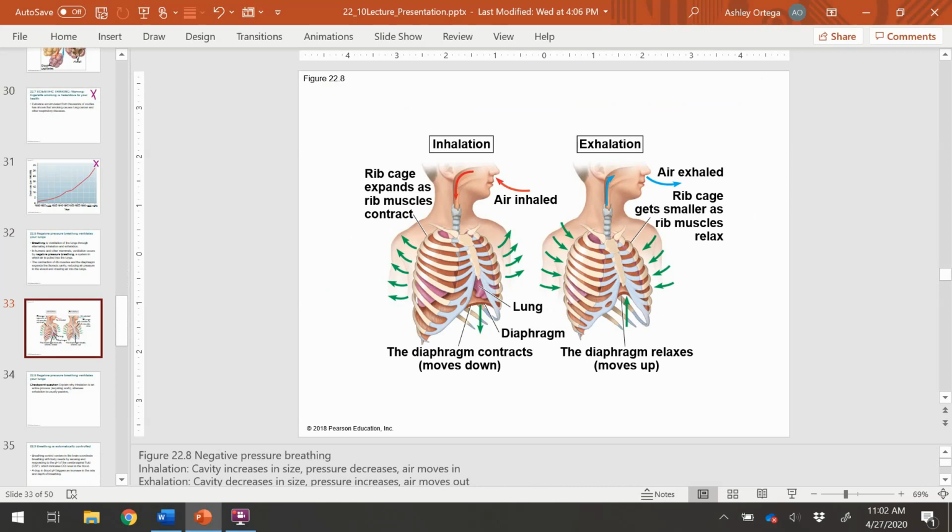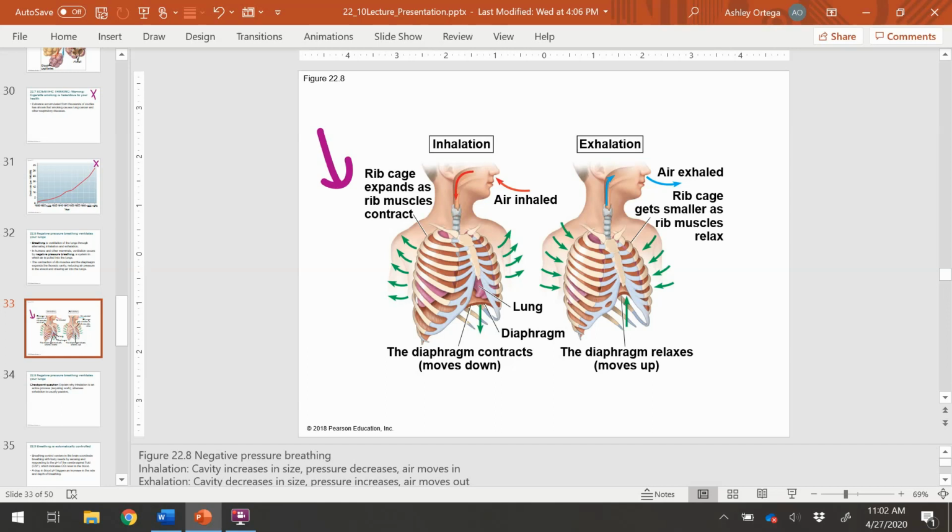In the inhalation phase, you see on the left, first air has to be inhaled. To inhale air, we're going to increase the space in which our lungs can hold the air. As you increase the space, the rib muscles will contract, tighten and pull those up and out.